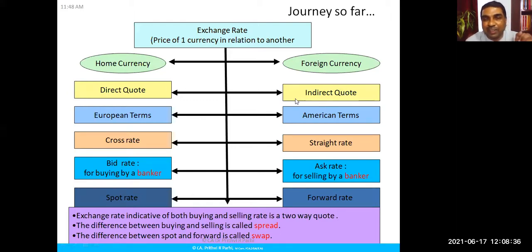Direct to the American means how much dollar per any currency: how much dollar per rupee, how much dollar per pound. These are called American terms. American terms are direct for an American, indirect for the rest of the world. But international quotes are normally mentioned in European terms, rupees per dollar like this.